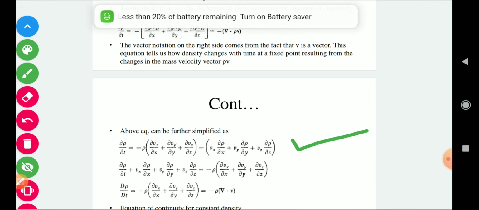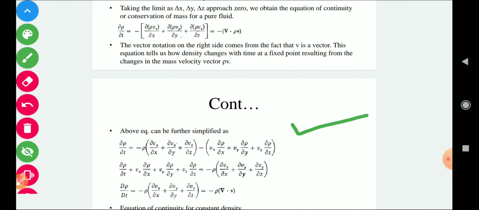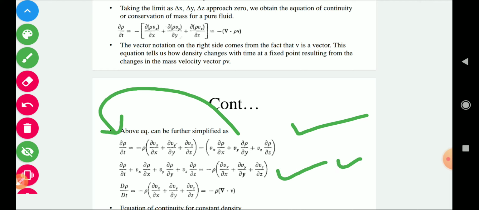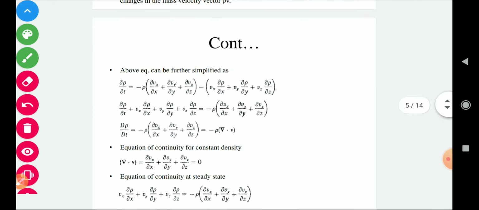Then finally we will get this equation. Now if we take these two terms on one side, and this common rho term on the right hand side, then finally we get this second equation. And if we write all these factors as del by del t, then this will be equal to d by dt of rho equal to this right hand side. So this is called the equation of continuity.